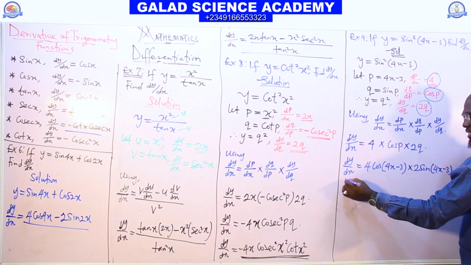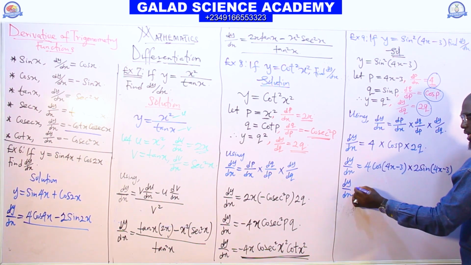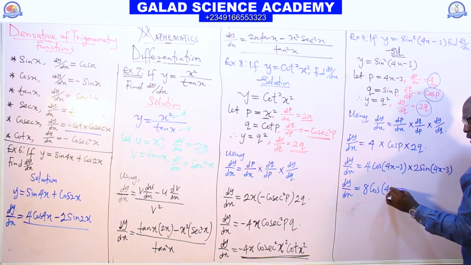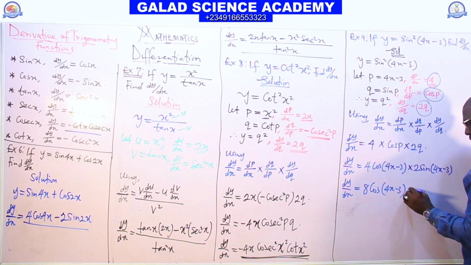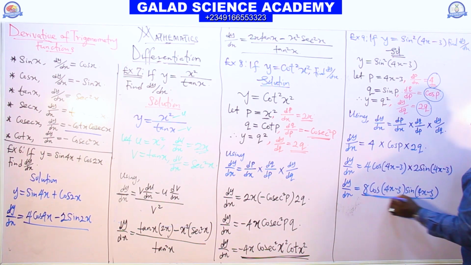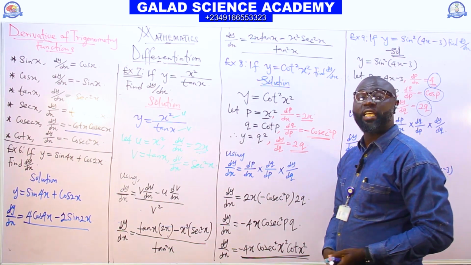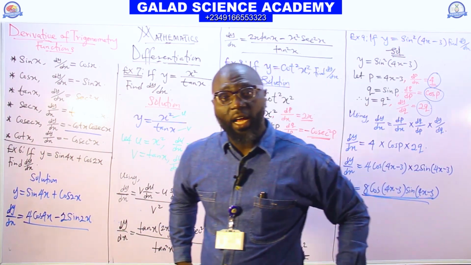So the final answer will be dy dx equals 2 times 4, 8 cos(4x minus 3) sine(4x minus 3). Now, the next thing is, let's check logarithm function and the inverse.